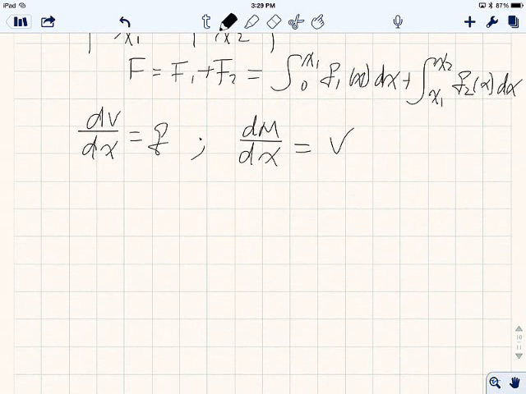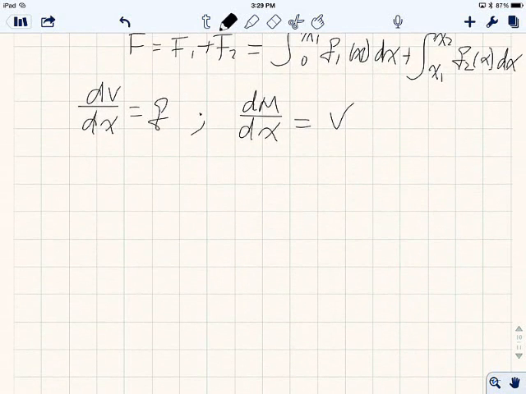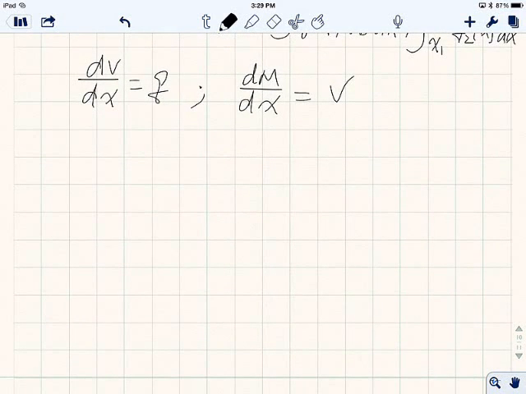These two equations tell you that when you have a V and M diagram, you can use Q and V to determine the changing trend of the curve. And another thing: delta V equals the integration of Q dx.